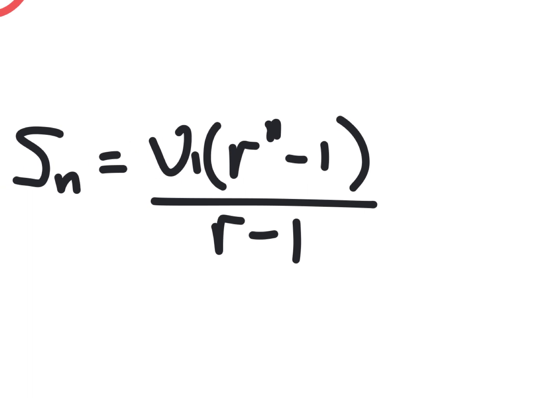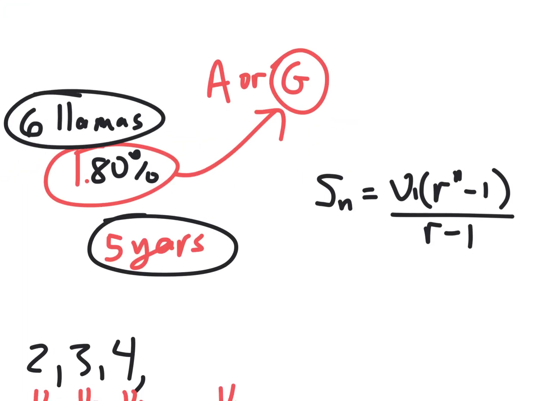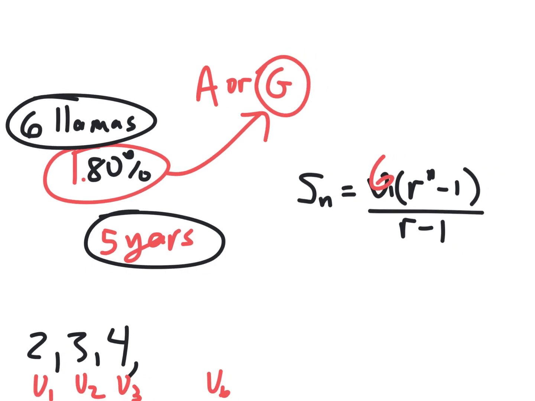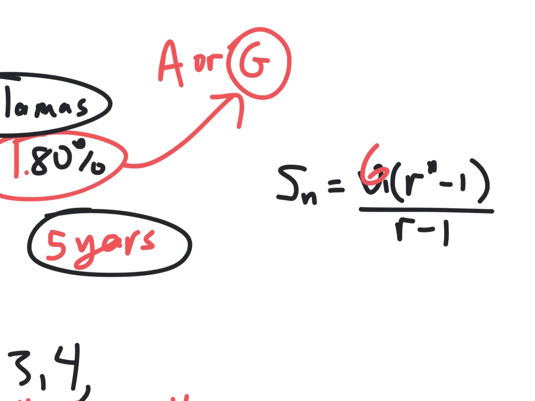Now, what was our u sub 1? Christian, you remember it? 6. 6 goes here. Oops, I got to change colors. 6 goes here. Our r to the n. Riker, what's our rate? 0.8. If I multiply by 0.8, it's going to shrink. Oh, I mean 1.8. 1.8, good.